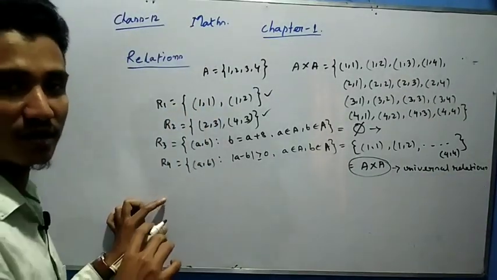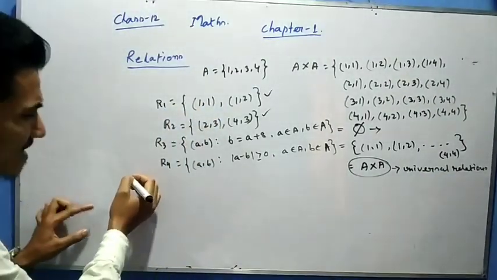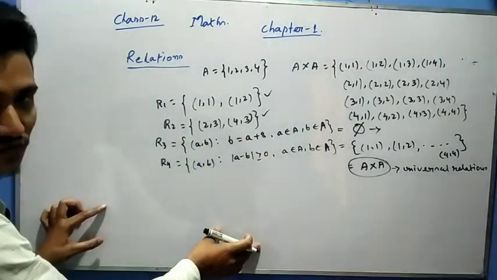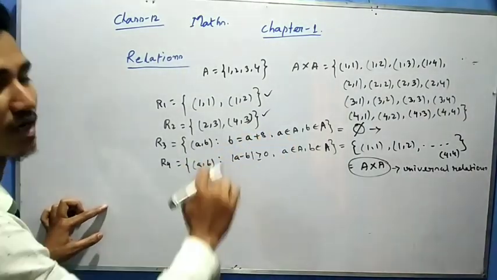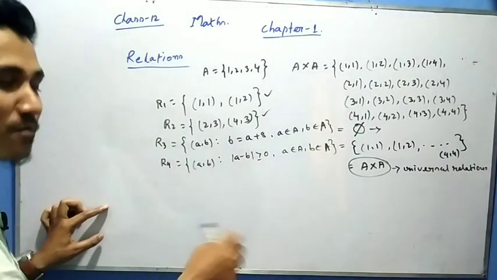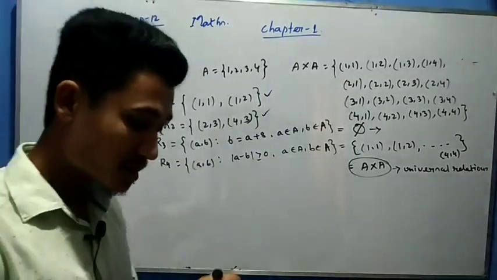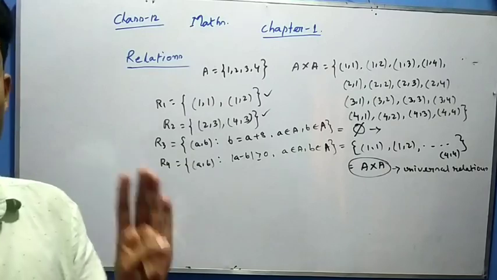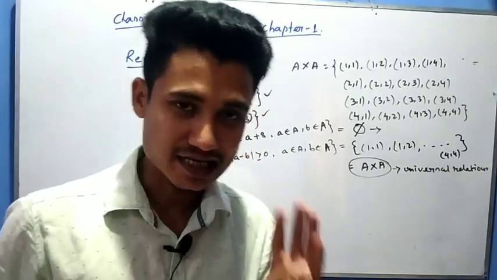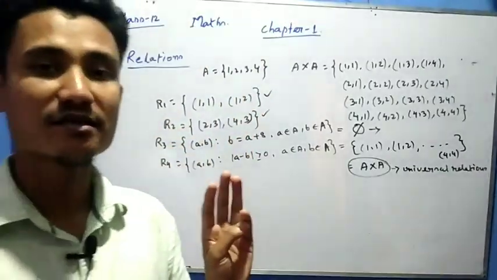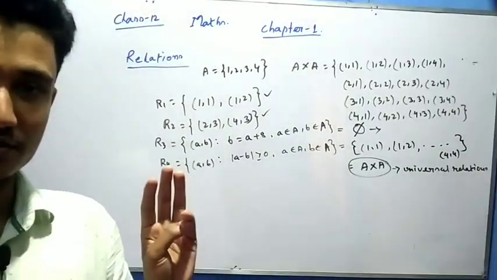Okay, understood? So in types of relation, these two types are there: empty relation, void relation or null relation, and universal relation. Mainly, in class 12 we will discuss three types of relation: one is reflexive, another is symmetric, another is transitive. Okay, so let us see.